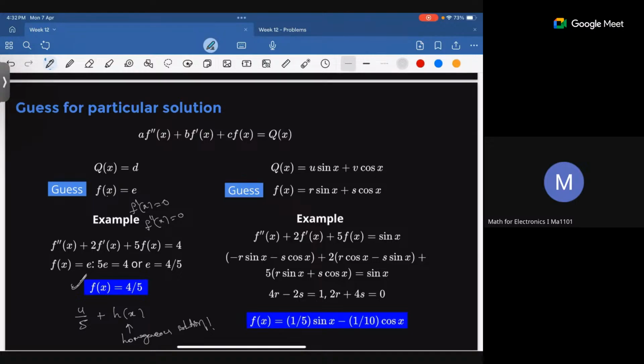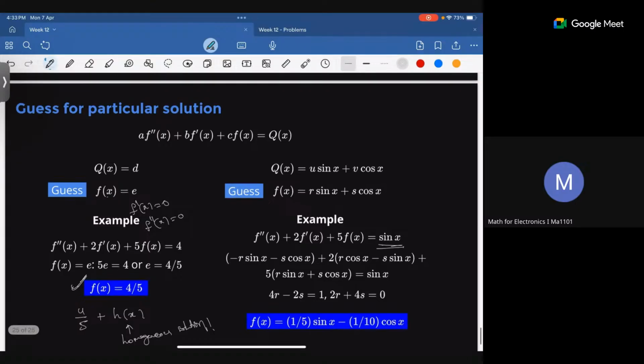Here also, if I have some sin x or something, so here q of x is sin x. Our guess will also be r sin x plus s cos x, right? Once f of x is r sin x plus s cos x, then f prime of x will be r cos x minus s sin x.